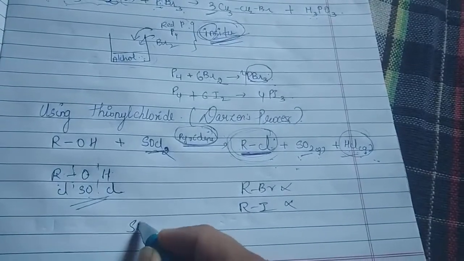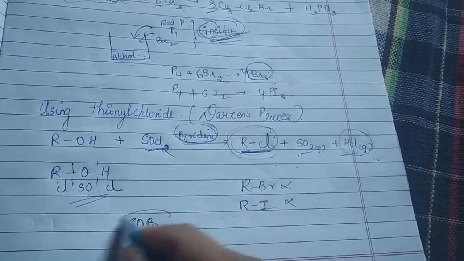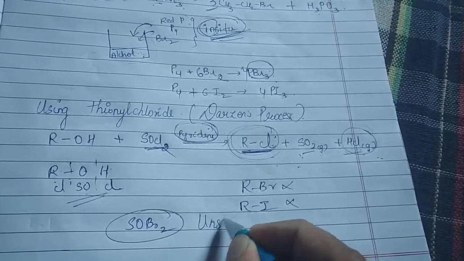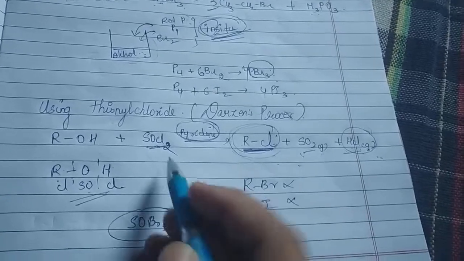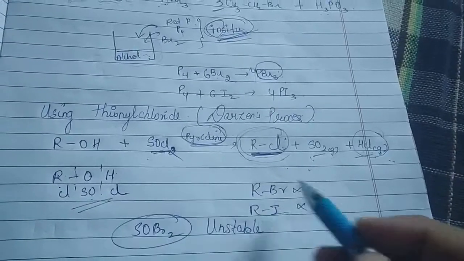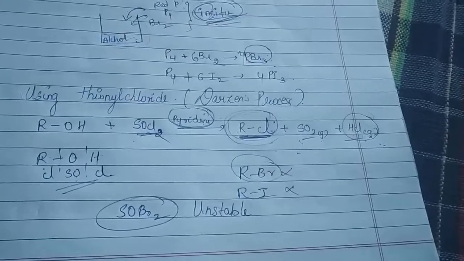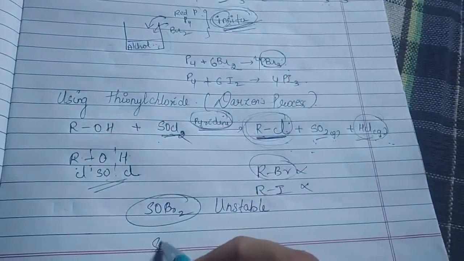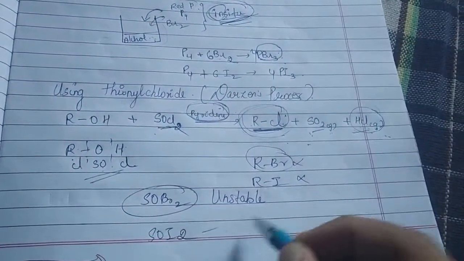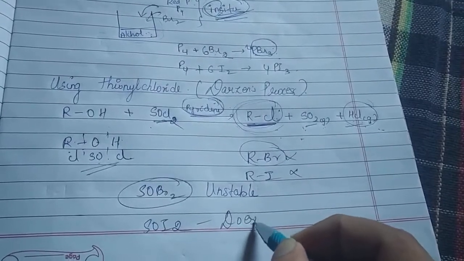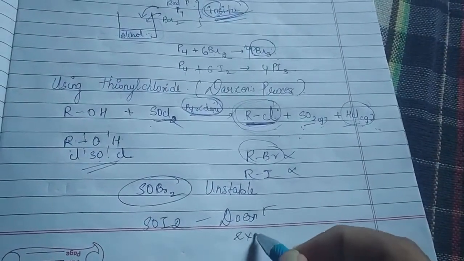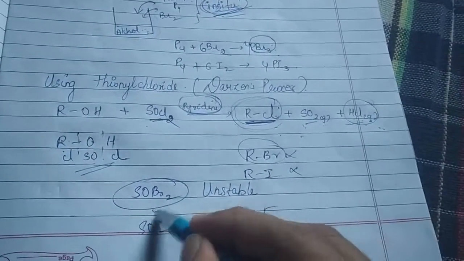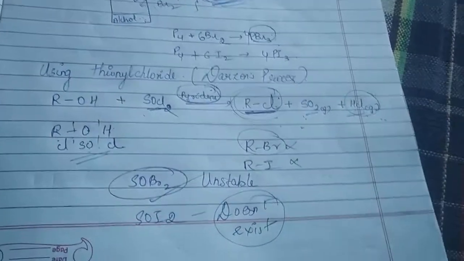When I choose SOBr2, it is highly unstable, so I cannot use it. For that reason, RBr can't be formed. Coming to SOI2, it doesn't exist itself. So one is unstable and another does not exist itself.